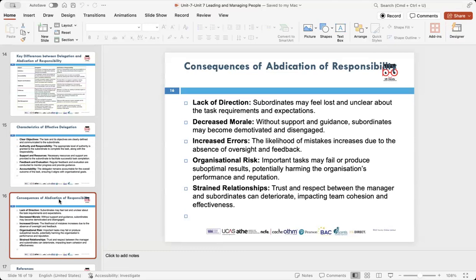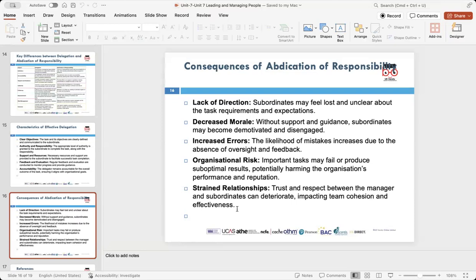Without proper oversight, increased errors are likely because employees don't receive feedback or guidance. This creates organizational risk since important tasks may fail, harming the company's performance and reputation.